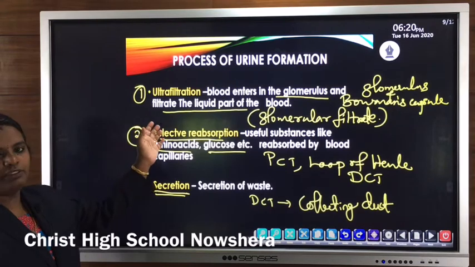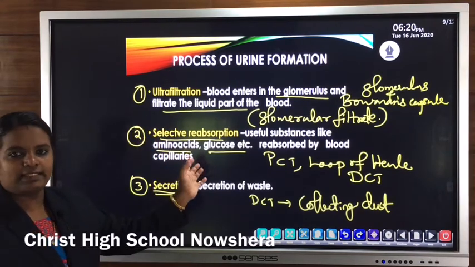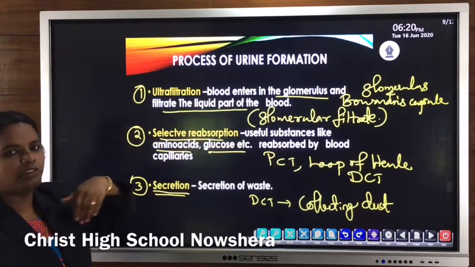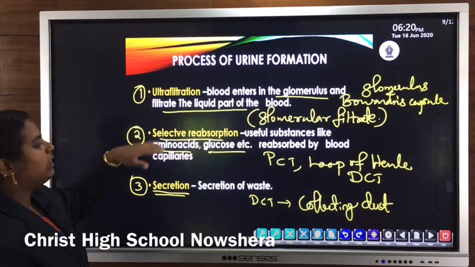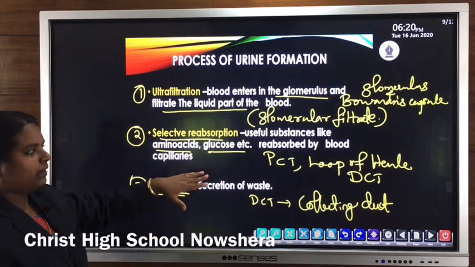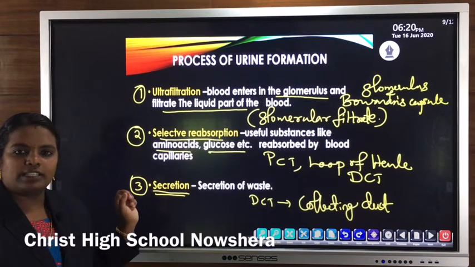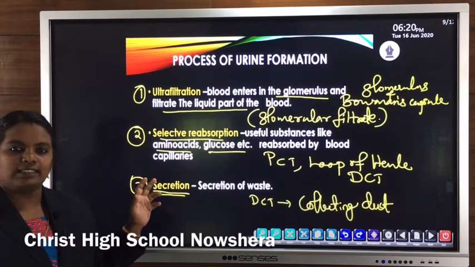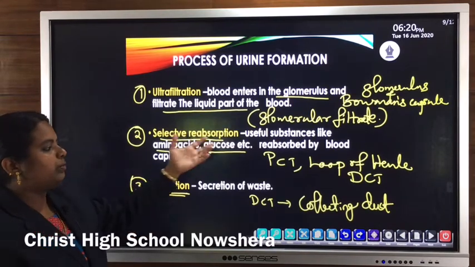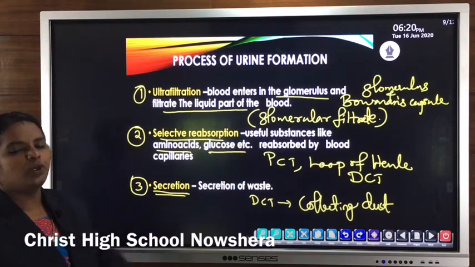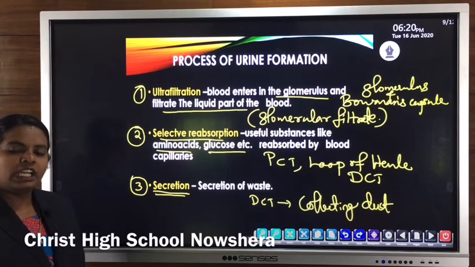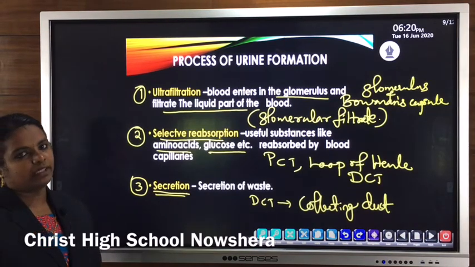So first one, ultrafiltration, filtration of substances takes place, and that is known as glomerular filtrate. And further, from that filtrate the useful substances like amino acids, glucose and useful ions are reabsorbed from the part of the PCT, proximal convoluted tubule, loop of Henle, as well as from part of the distal convoluted tubule. Clear?